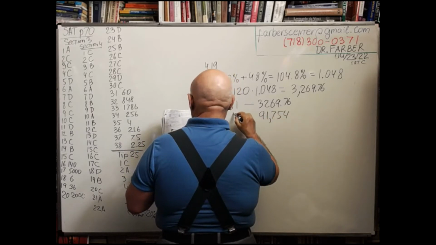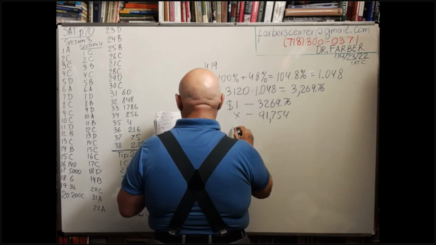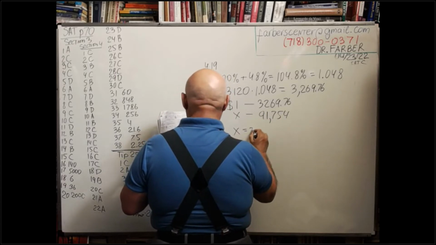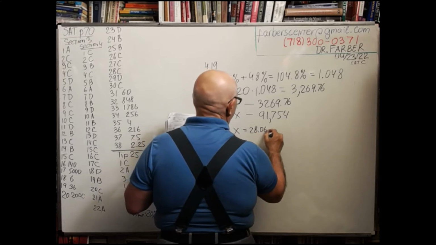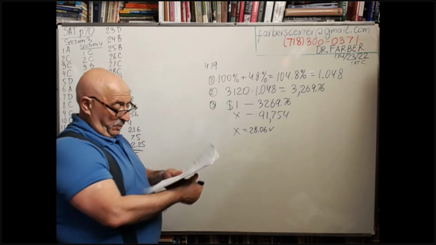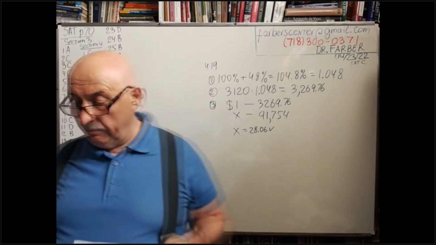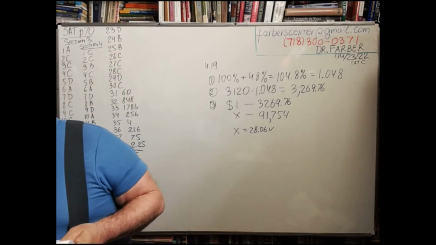I don't know x. From cross multiplication, find the answer. X equals 28.06. Okay, this was 419. I'm not multiplying the numbers. Anyway, you have a scientific calculator. Use it.